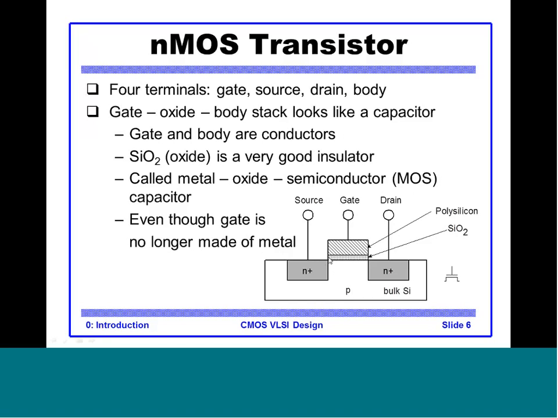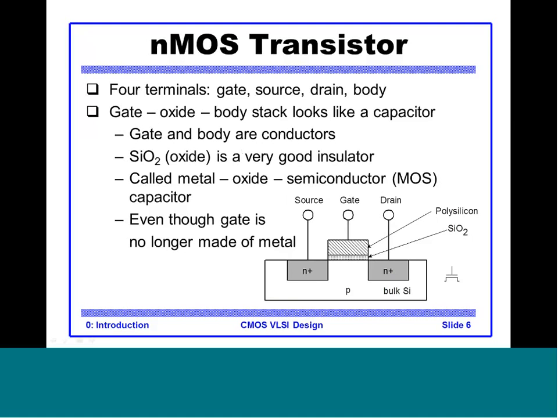Then there is a strip of insulator which is silicon dioxide, and over the silicon dioxide a strip of polysilicon or a metal. Right now the most popular technique is depositing polysilicon. So this acts as one more terminal called the gate.